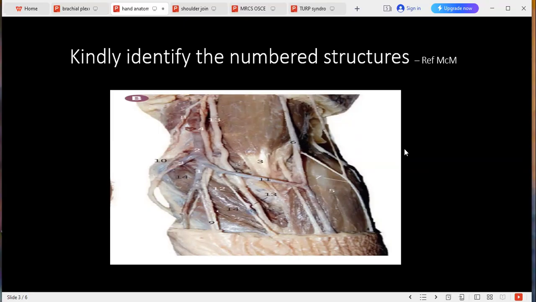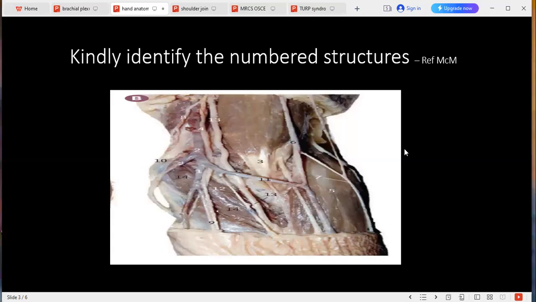The most lateral content of the cubital fossa is the biceps tendon. Kindly tell me the origin and insertion of the biceps tendon, please. Biceps has two heads, long head and short head. The origin of the long head is from the supraglenoid tubercle, and the origin of the short head is from the coracoid process.